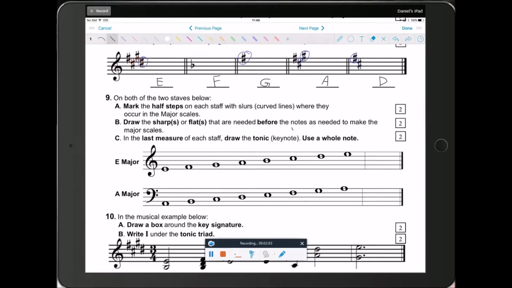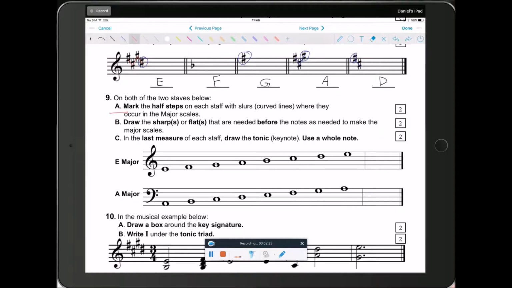So, first thing we have to do, according to letter A, it says mark all the half steps on each staff with slurs, curved lines, where they occur on the major scale. Now, you can try to figure out where the half steps are, or you can just remember this little pattern.